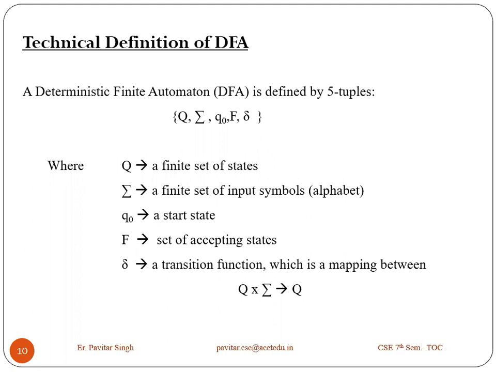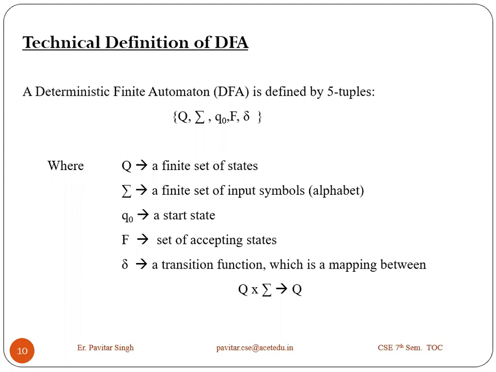Delta is your transition function, which will let you know about the previous state and the next state.